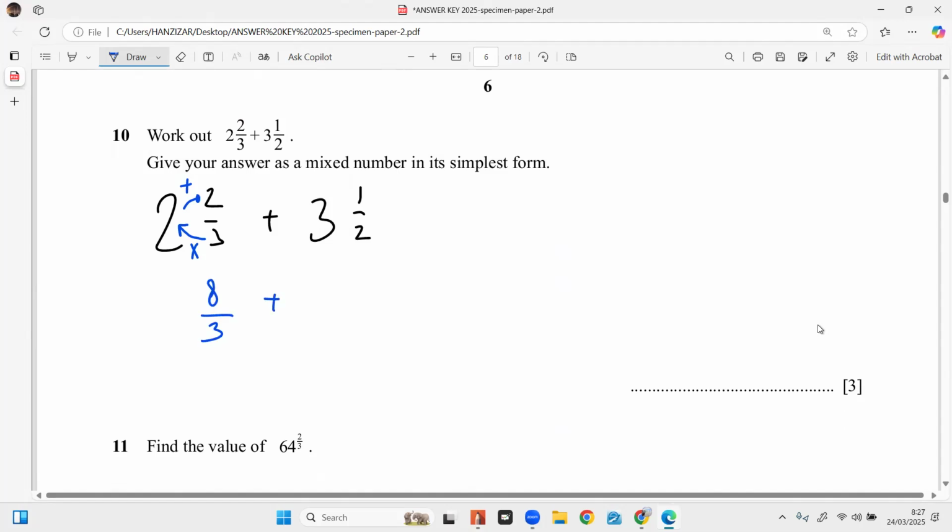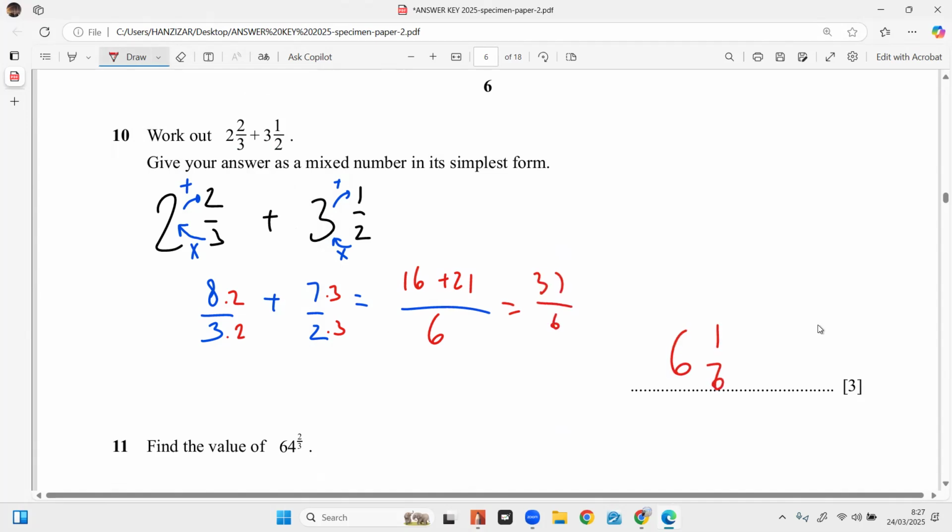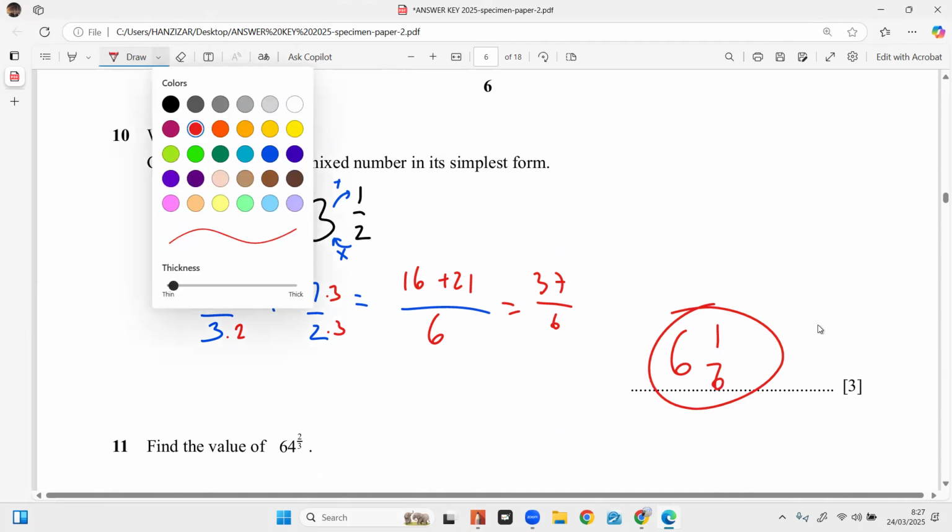Plus 3.5, you multiply, 6 plus 1, 7 over 2. And then we make the denominator the same, become 6, and then 16 plus 21, 37 over 6, 6 and 1 out of 6. If you want to make it fast, yes, yes.